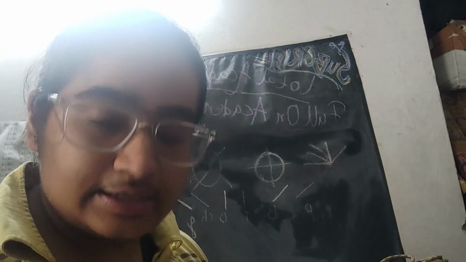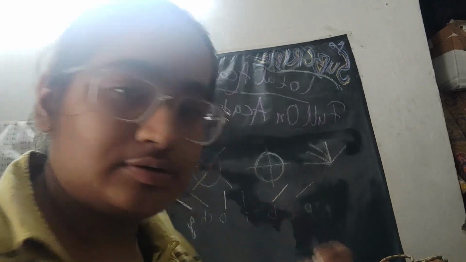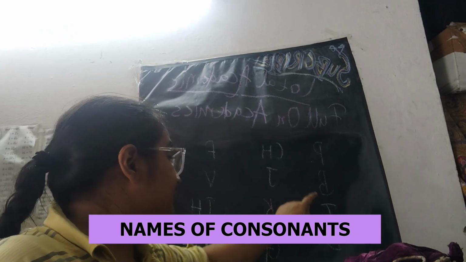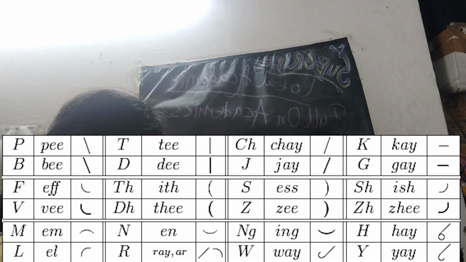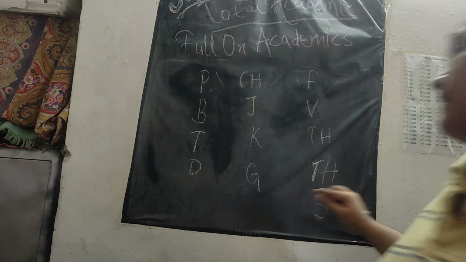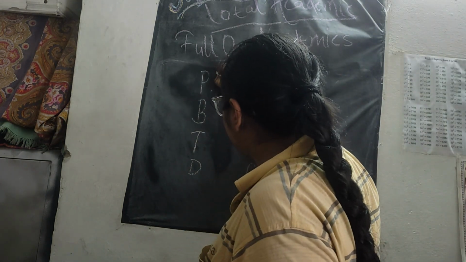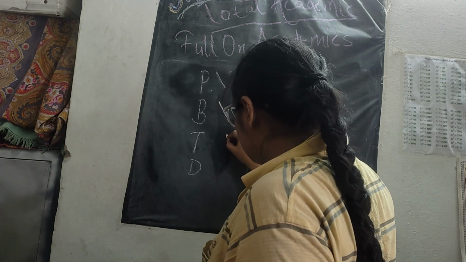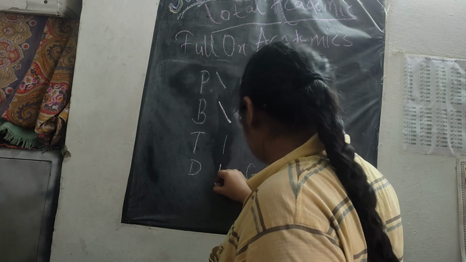As you see on the board, P, B, T, D, CH, J, K, G, F, V, ITH, D, S, Z. First of all, you learn this, okay? P is a light slash, a lightened stroke. B is a darkened stroke. T is a lightened stroke. D is a darkened stroke.